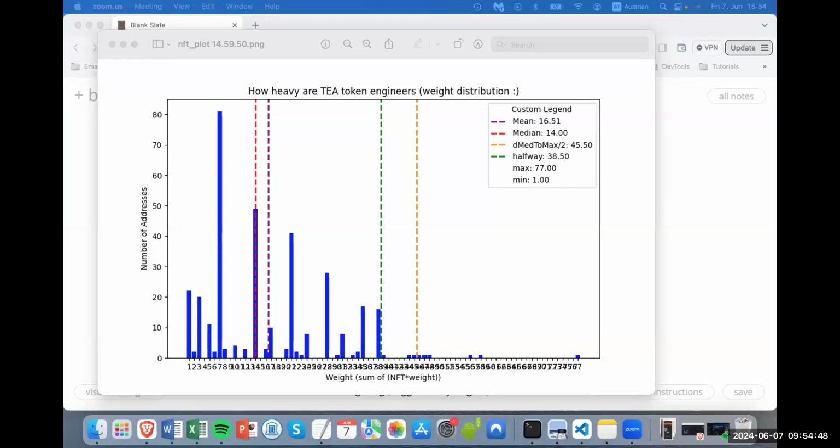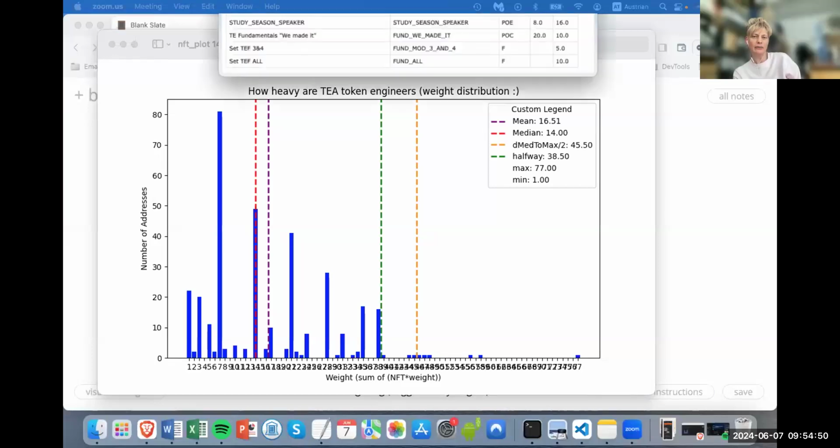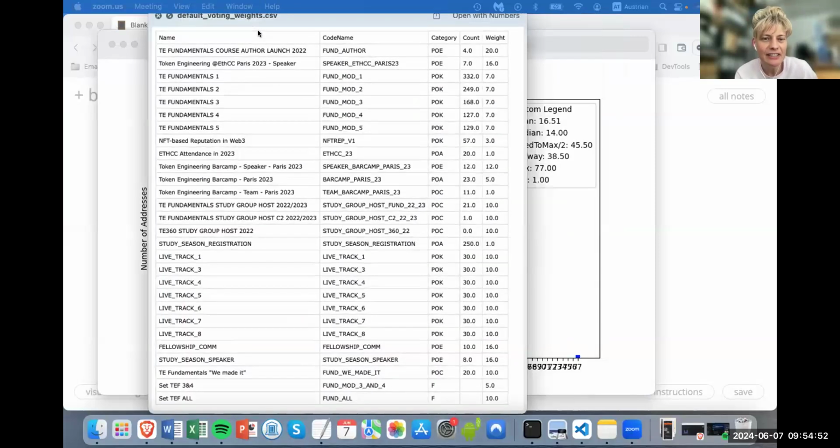Okay, give me one second. This is the diagram where you analyze it. Yeah, and here's the spreadsheet.